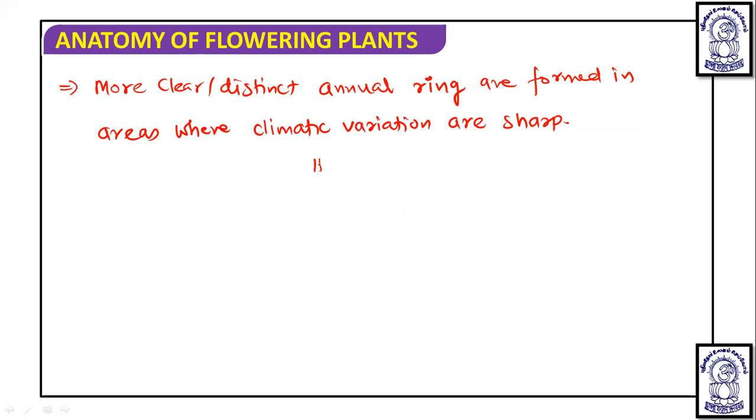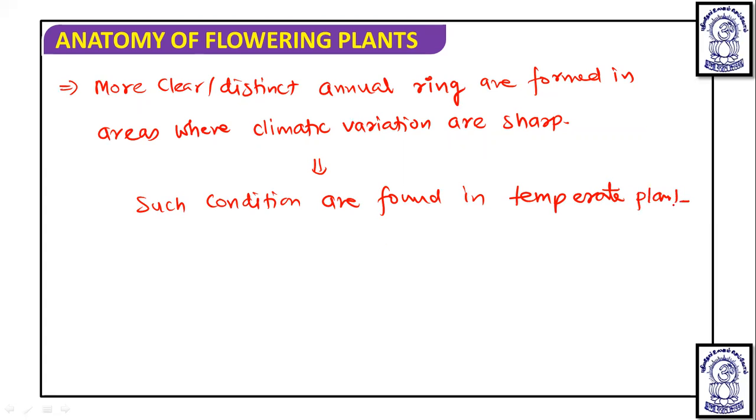Such conditions are found in temperate plants, because in temperate regions the climatic conditions are not uniform throughout the year and are variable. So distinct annual rings are more observed in temperate regions.